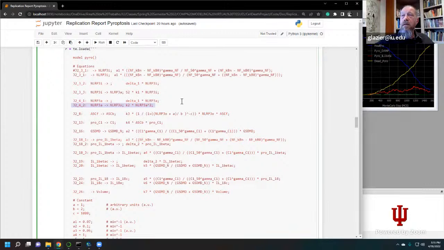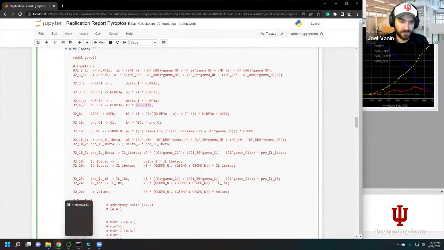You have something a little bit unusual there, which is why is the rate dependent on the square of the concentration of NLRP3A? Oh, they show a proof of why they do that. It has to do with some mechanisms behind it. O here is oligomerized.